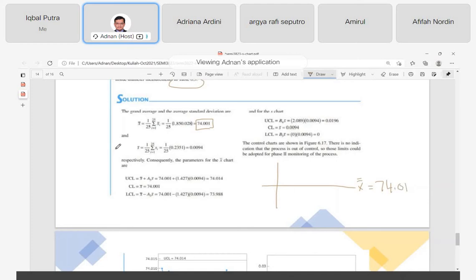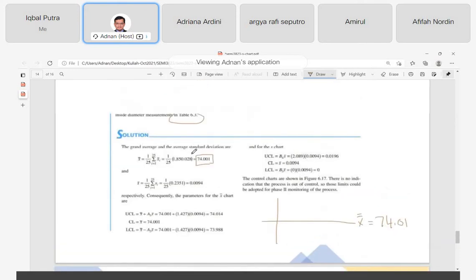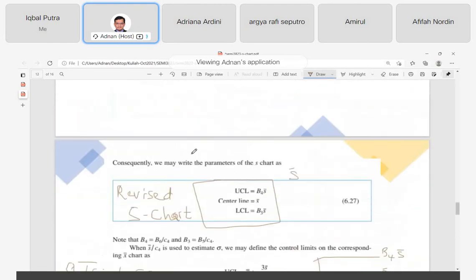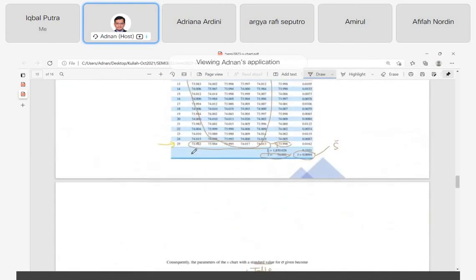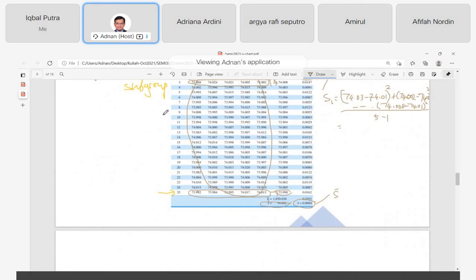And S also we have calculated, 0.2351. If you look at here, 2351, this number. Divide by 25, you're going to get 0.0094.